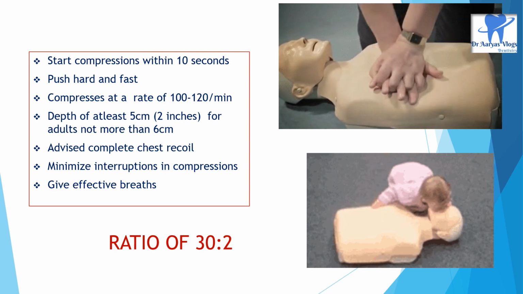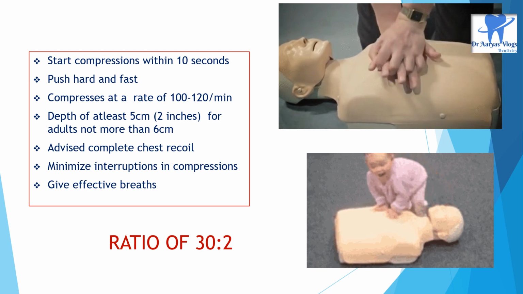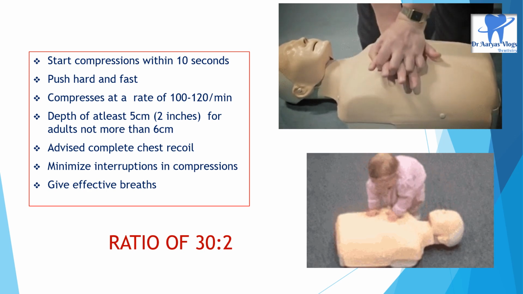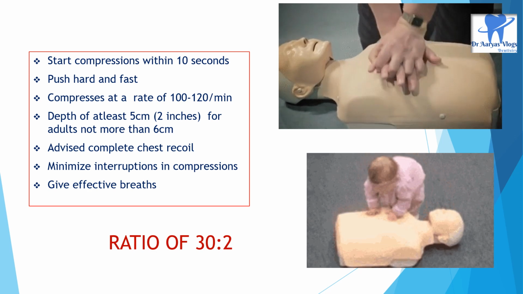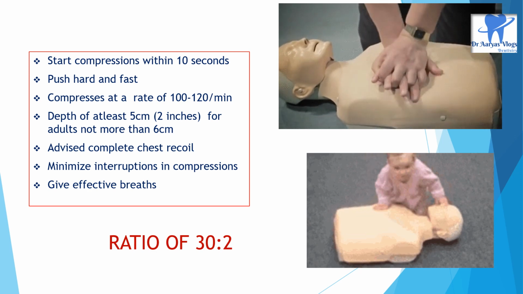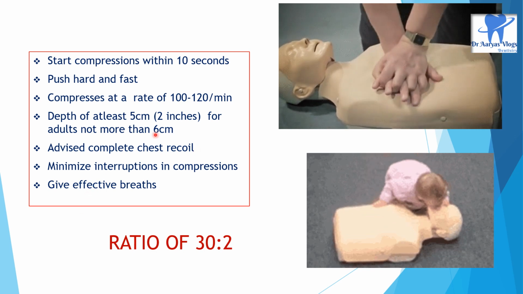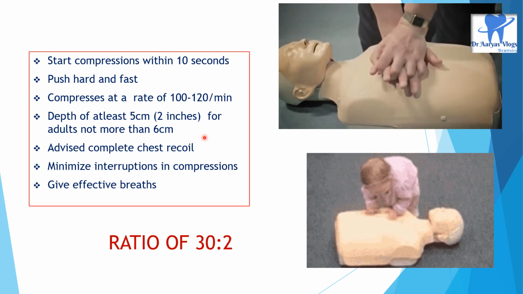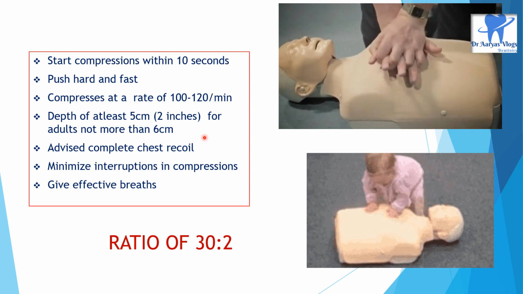How can CPR be performed? Start compressions within 10 seconds after recognizing a cardiac arrest. Push hard and fast. Compress at a rate of 100 to 120 per minute, to a depth of at least 5 cm, that is 2 inches, for adults, but not more than 6 cm.